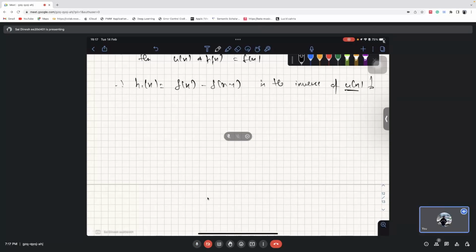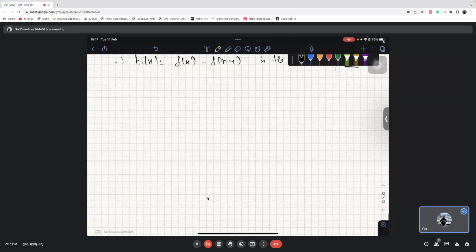Next we'll be talking about the causality of LTI systems. Causality of an LTI system means the output of a causal system depends only on the past and the present values of the input to the system.